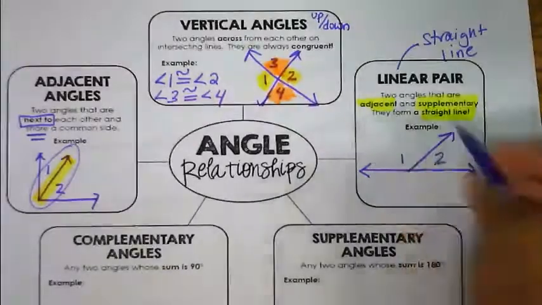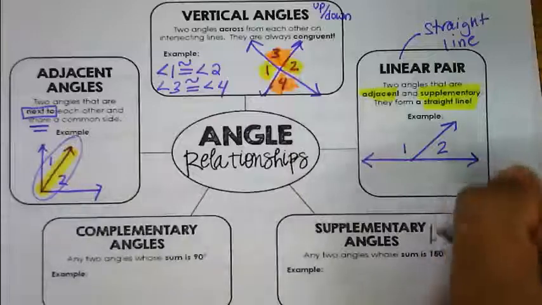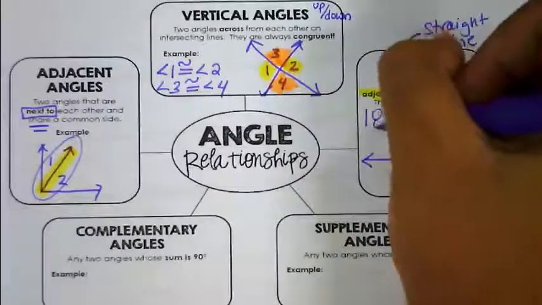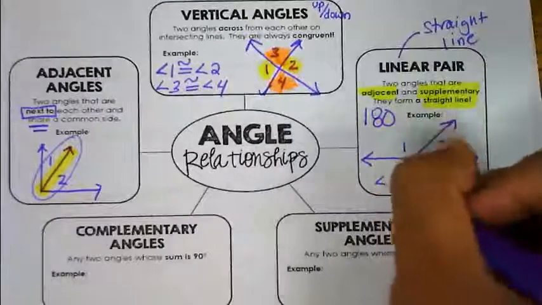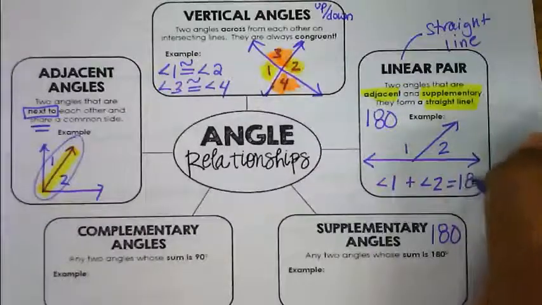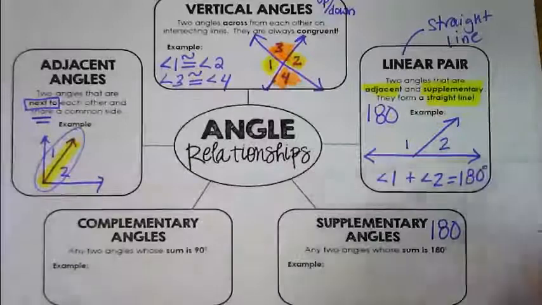So, linear, if you remember supplementary, what does supplementary add up to? 180. So, linear adds up to 180. So, both angle 1 plus angle 2 equals 180. All right. Put the degree sign.